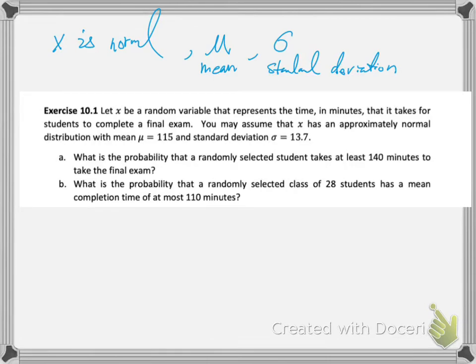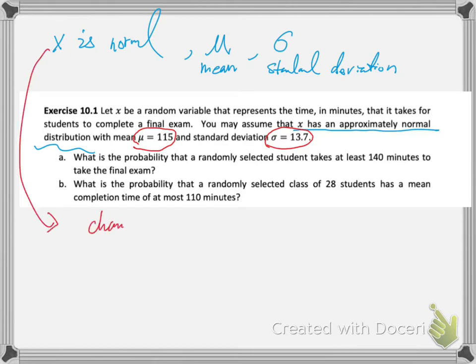This example is in lecture 10. X is normal, and they tell you the mean and the deviation: mu is 115, and sigma is 13.3. For this kind of question, we need to change X to Z, standard normal, and use table 3.